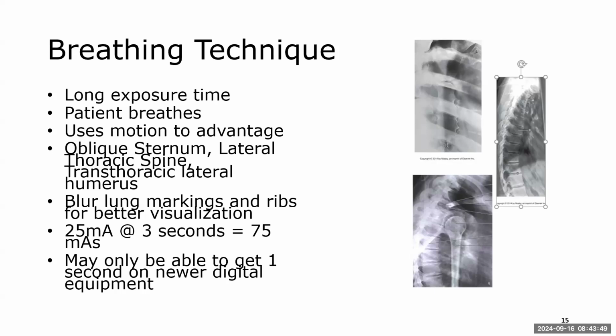It blurs the lung markings and the ribs for better visualization of the structures you're trying to see, like the sternum, the thoracic vertebral bodies, and the humeral head and upper third of the humerus.